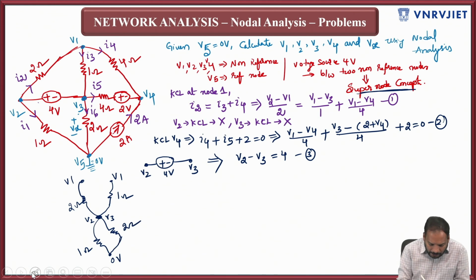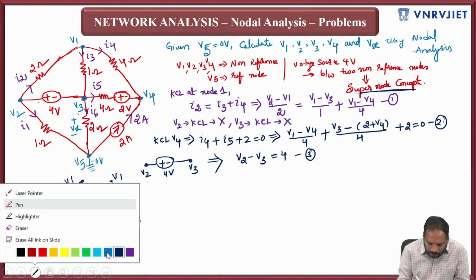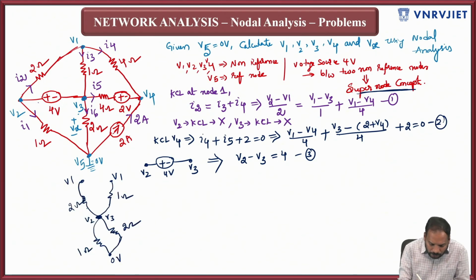Now also indicate the currents, because you need to apply KCL, right? So this way it is I2, this way it is I1, and this way it is I3. This way it is I6.